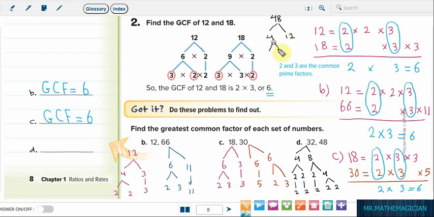The 4 will be considered as 2 by 2. The 12 is 4 multiplied by 3. The 4 is 2 by 2. This 3 is dropped, this 2 is dropped, this 2 is the 4. So the 48 is 2 by 2 by 2 by 2 by 3.